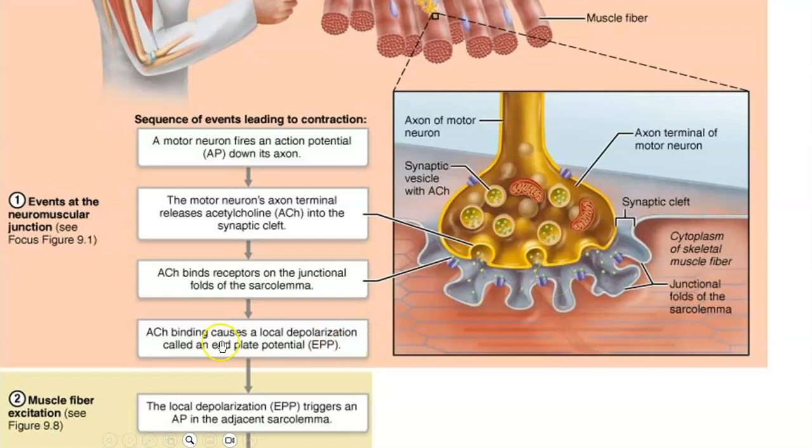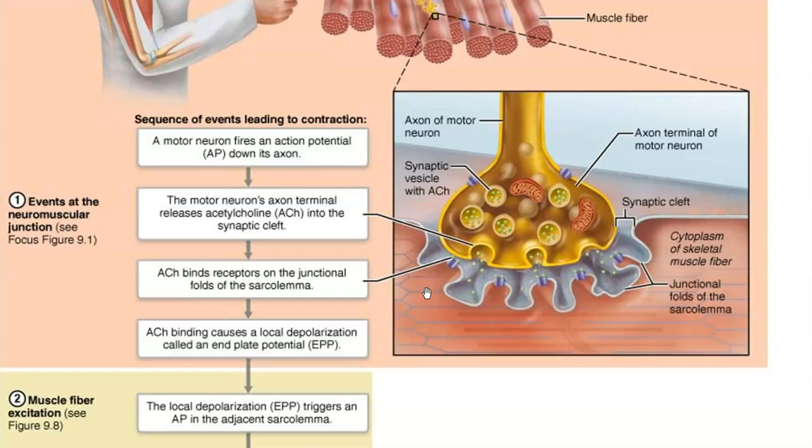And that is going to cause, this is our last step of the first part, events at the neuromuscular junction. Our last step is that the binding of acetylcholine to those receptors is going to open the gates of these ion channels. Sodium is going to enter. Sodium ions, which have a positive charge, are going to enter into the muscle fiber.